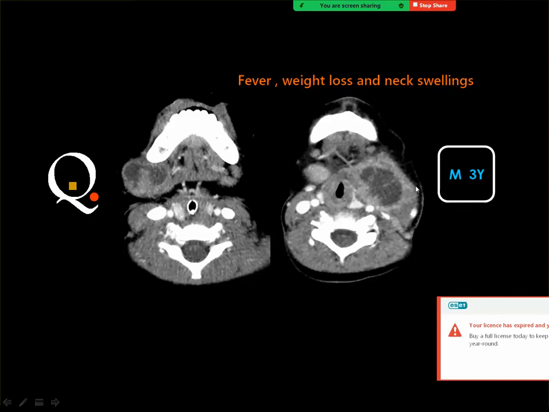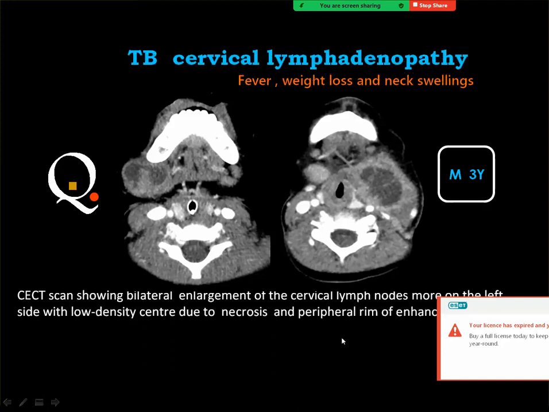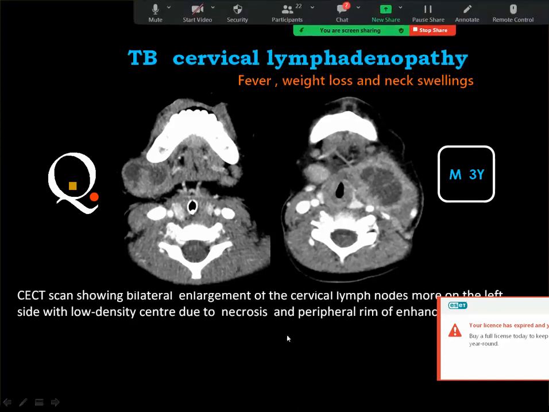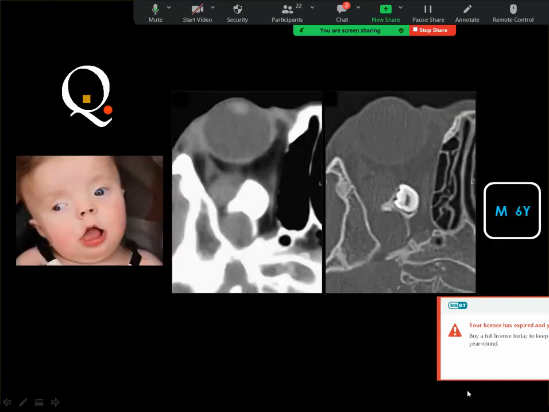Necrotic nodes in the pediatric age group, consider TB, which is the most common cause of necrotic nodes in the pediatric age group. But in adults, necrotic lymph nodes can be inflammatory or metastatic. But in the pediatric age group, we think usually of TB cervical lymphadenopathy.